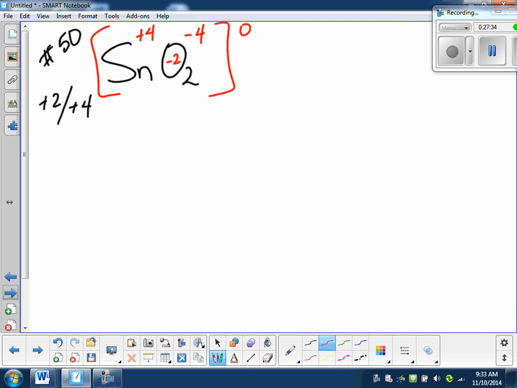So now if we know that tin is in the +4 form, can you name this thing for me? What's the name of Sn? Tin. And what form is it in? The +4 form, right? Do you know the symbol for 4 in Roman numerals?